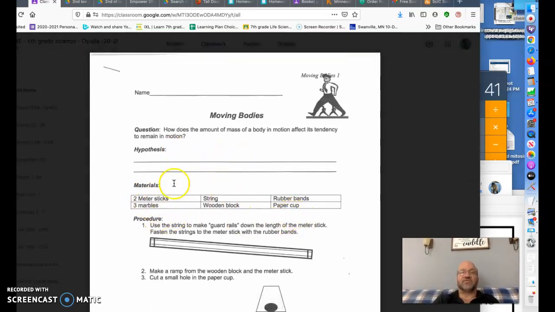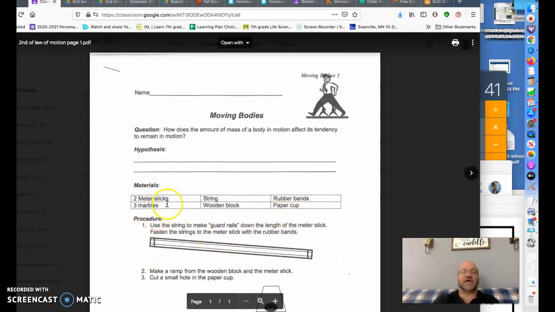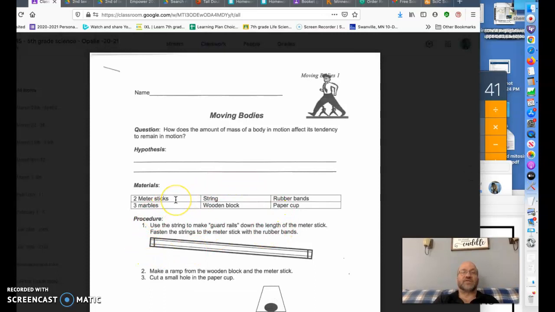Here are the things that you need to have in order to do the lab. Actually, if you have one meter stick, that would be great. Three marbles, yes. String, yes. You really don't need a wooden block, but you do need a cup, a paper cup, which is right here. And here they use rubber bands, but tape will work just fine too.